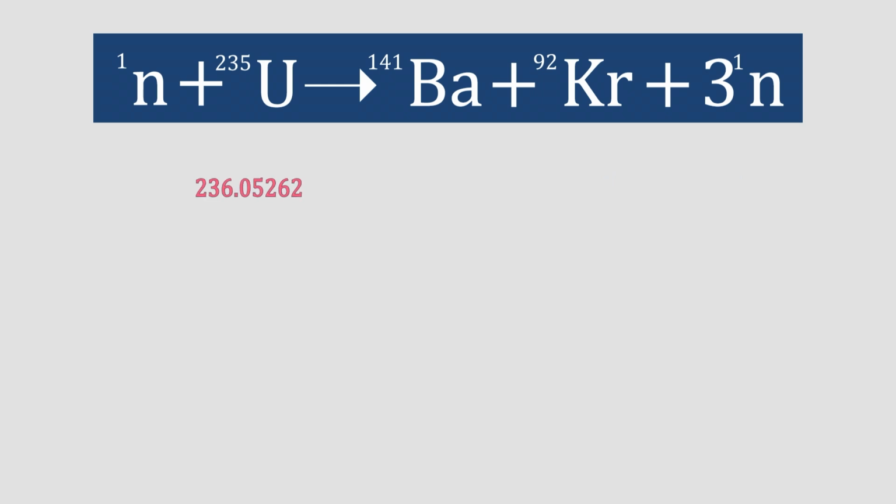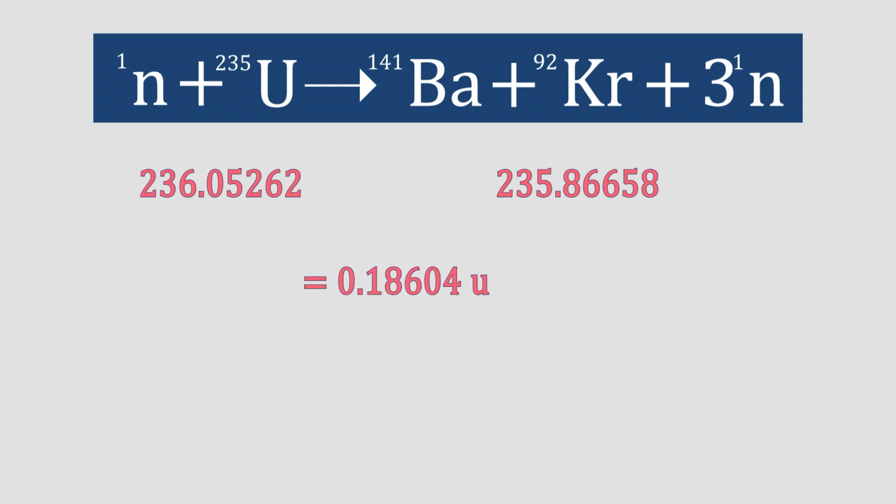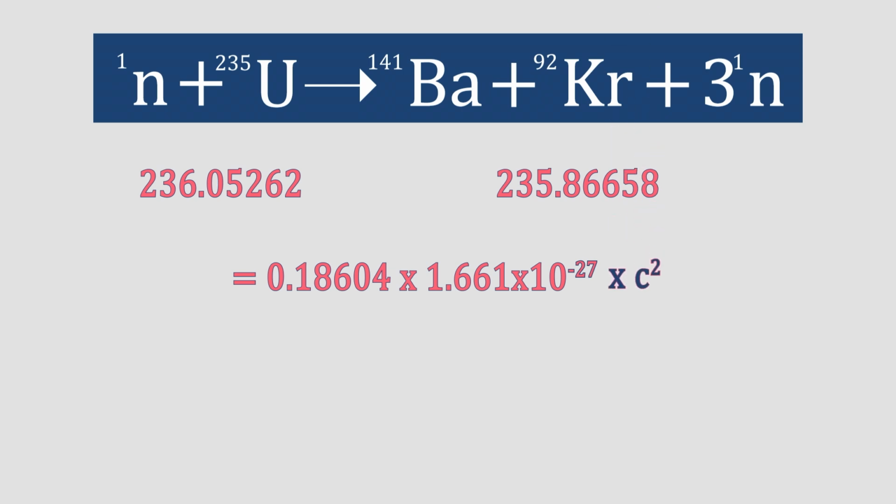Now, by taking away the before and after masses from each other, we can work out the mass loss in each interaction. Of course, this value will be in u, so to get it into kilograms we need to multiply it by the value of u. Now we can use everybody's favourite equation and multiply this mass loss by c squared in order to obtain the value of energy in joules.